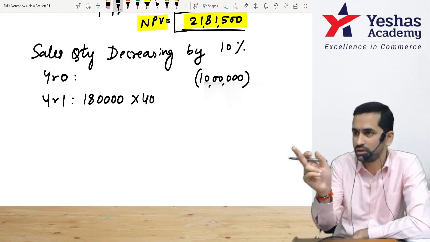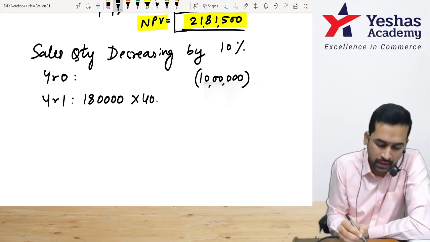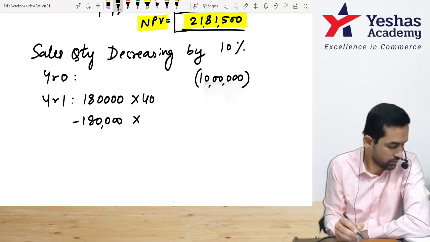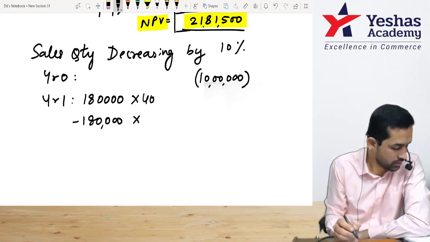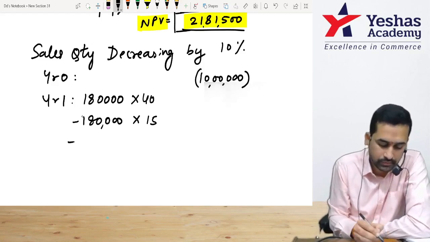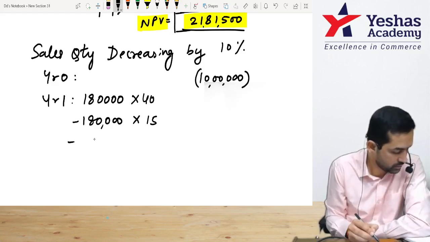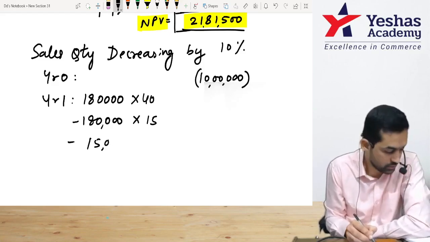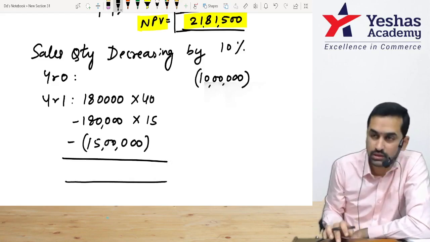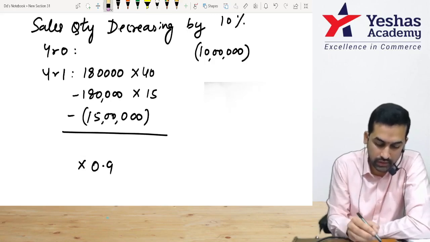You directly start with contribution minus fixed cost right away. As of now I'm writing in full. Variable cost is 15 rupee, minus fixed cost 15 lakh. This number should be multiplied by 0.909.